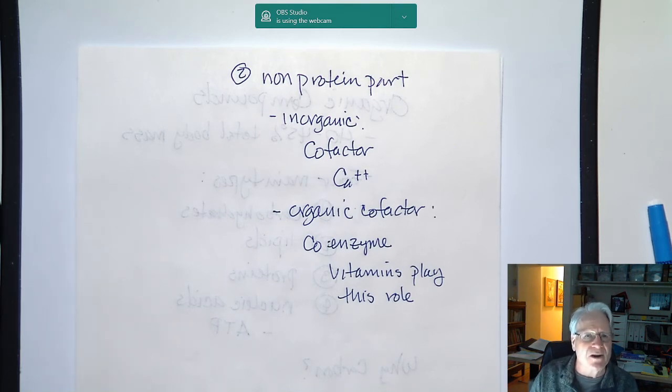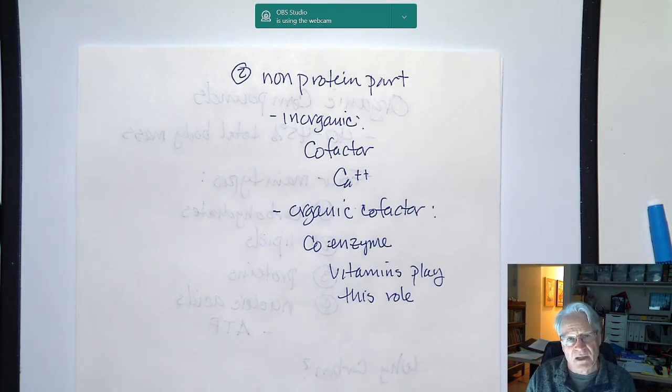They will be that car without the key. So you need both. You need a functional car, and you need the key to start the car. You need a functional protein, and then you need the cofactor or the coenzyme to start the protein so it can function the way it's supposed to.